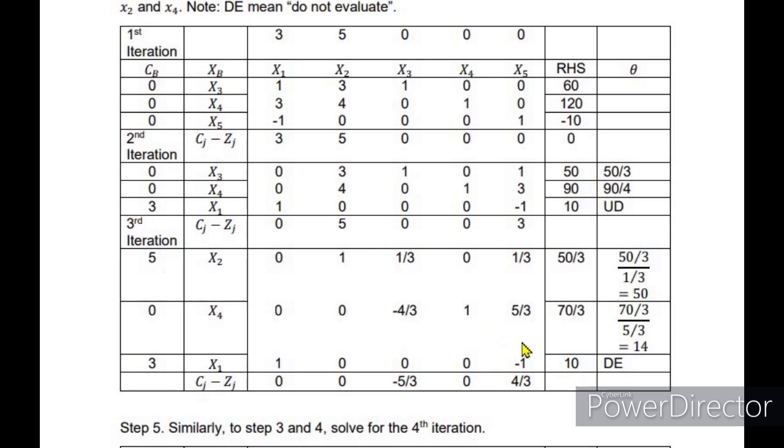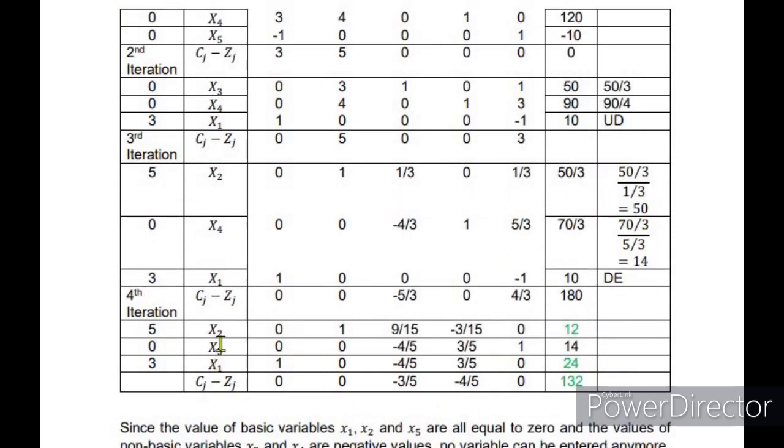Okay, so now for the fourth iteration, x sub 4 is replaced by x sub 5. Okay, so how do we replace it again? We determine the pivot. So from the third iteration, the pivot is 5/3, because it is in the intersection of x sub 4 and x sub 5. Okay, so we will divide each element by 5/3.